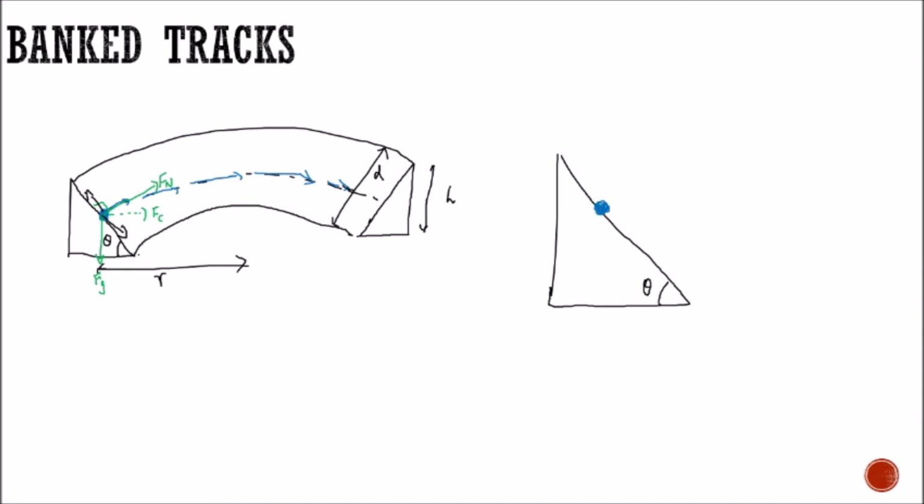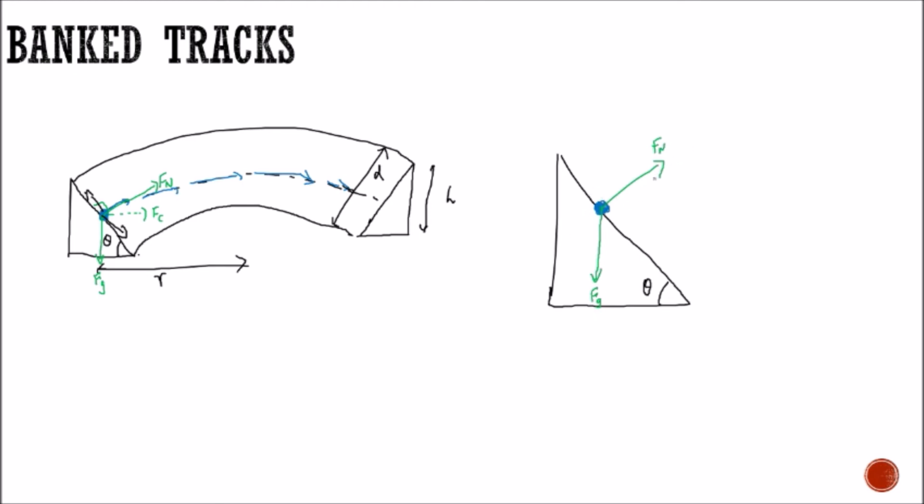Now, I'll use green. It has a force due to gravity acting downwards. It has a normal force, sorry, that's perpendicular to the surface. That's a bit better. And notice how this normal force is perpendicular to the surface, so it's actually on a kind of diagonal.